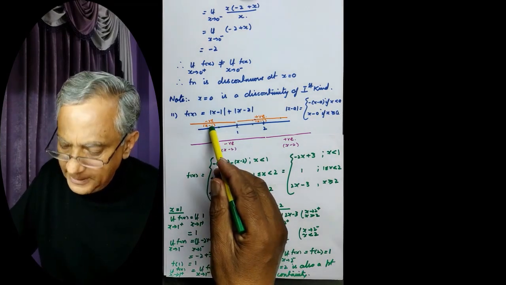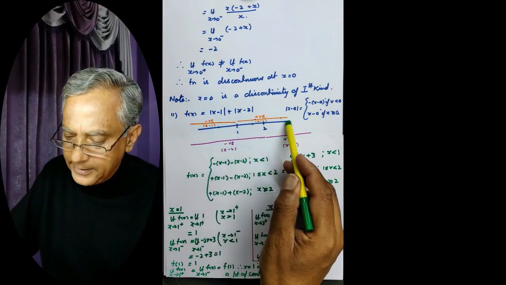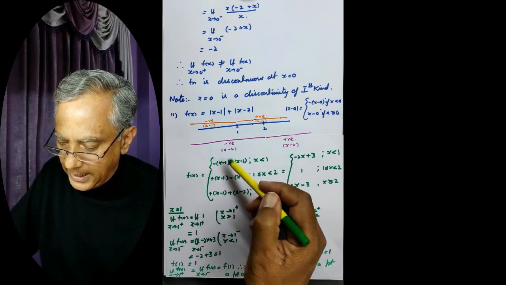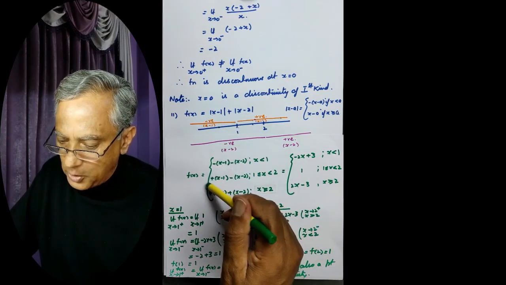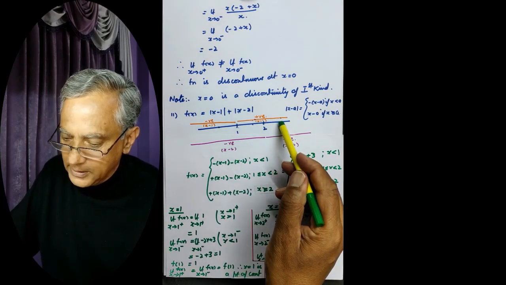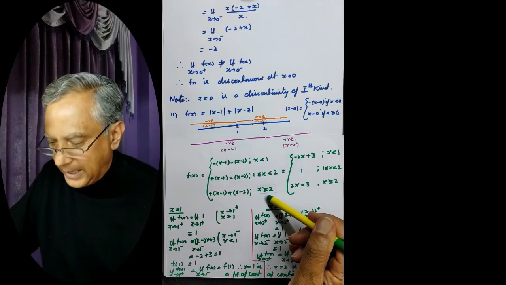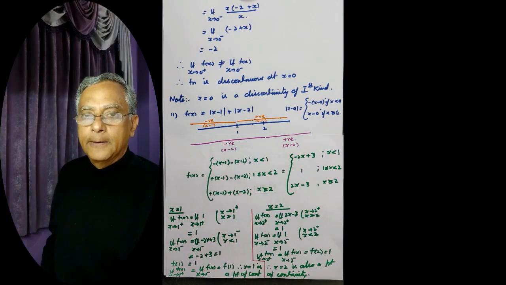For doing this, take a single point. Divide the number line into 3 and then take a single point. Take 0.5, negative, negative. Then take 1.5, this is positive, this is negative, positive, negative. And then take 2.5, this is positive, this is positive. And quickly write this. And then the limit is very simple.